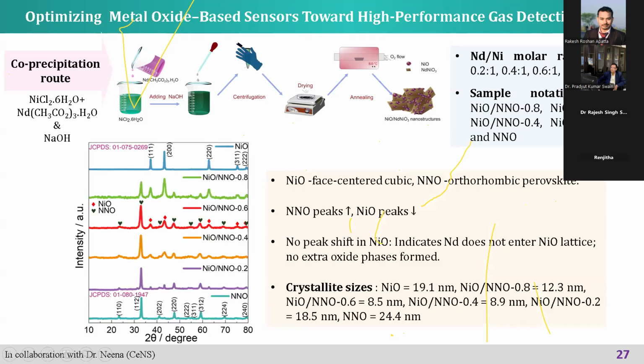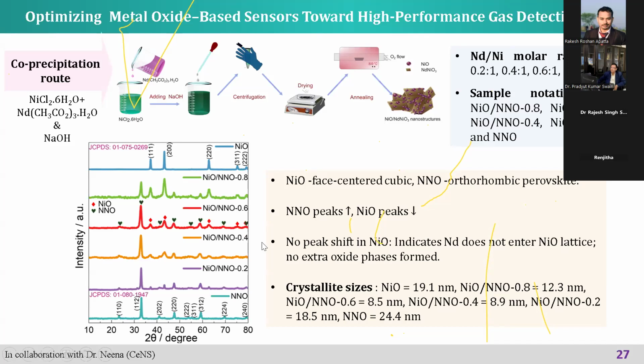Again, as usual, we do characterization using X-ray diffraction, and we show how the two phases, NiO and Nd-NiO3, are present. We vary the concentration, so the NiO concentration changes with the product. The molar ratio of Nd to NiO in the starting compound varies from 0:1 to 1:1.